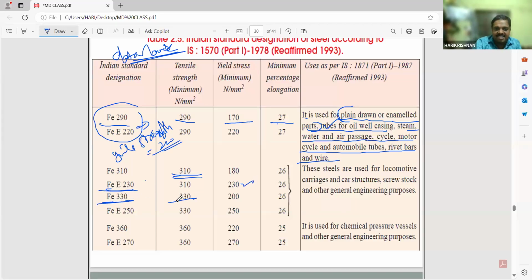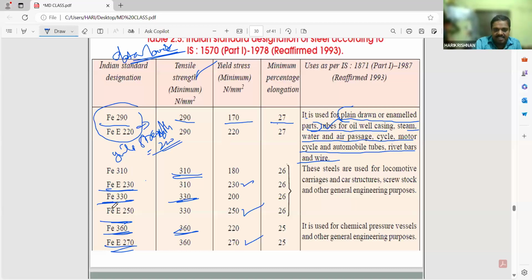Fe330 means 330 Newton per mm square will be its tensile strength. Fe250 means 250 Newton per mm square will be its yield stress. Similarly, Fe360 means 360 Newton per mm square is its tensile strength. Similarly, Fe270 means 270 Newton per mm square will be its yield stress.